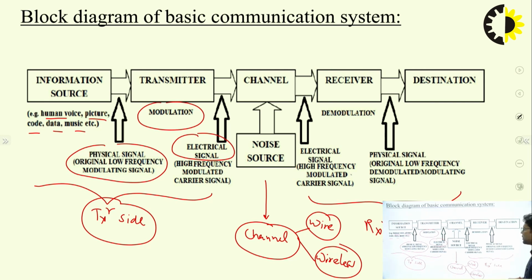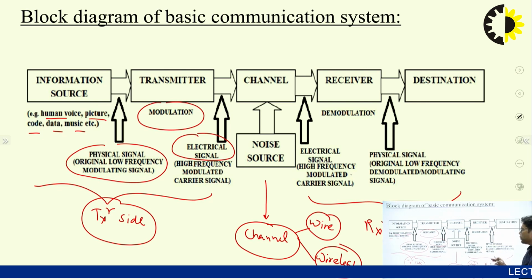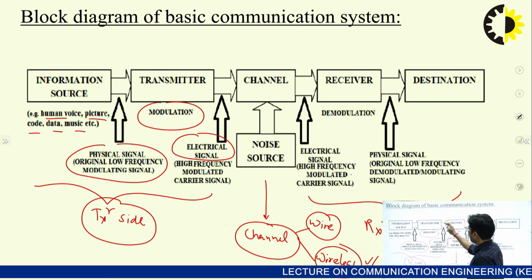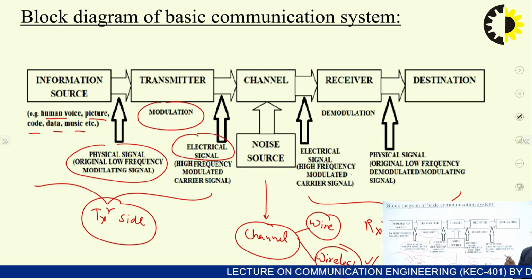For the wireless communication we need to have an antenna that can be used at the transmitter side, and the same antenna can be used at the receiver side to receive the signal which is transmitted by the transmitter. So in the case of wireless transmission, what happens? First we need to convert this electrical signal into the electromagnetic radiation.